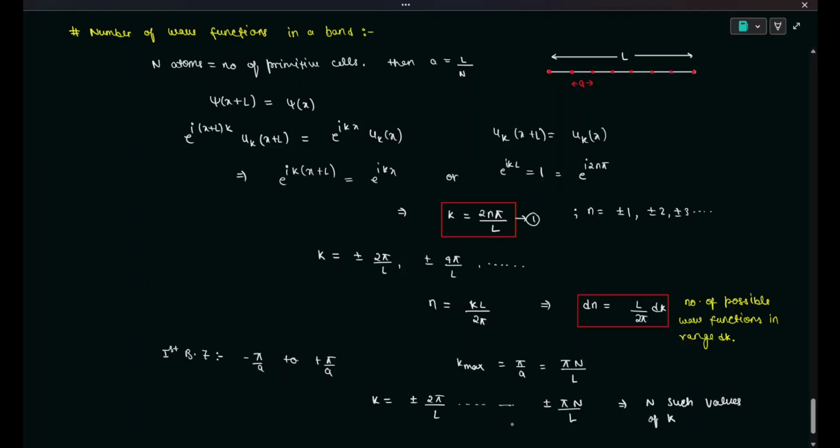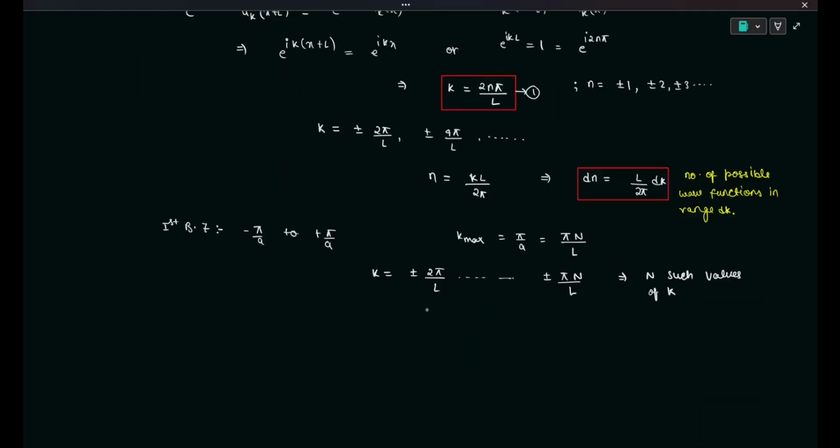So in the first Brillouin zone, the number of allowed values of k is equal to n. Hence the total number of possible states in any energy band is equal to the number of primitive unit cells n. Now, since each state can hold a maximum of 2 electrons, each band can accommodate a maximum of 2n electrons.